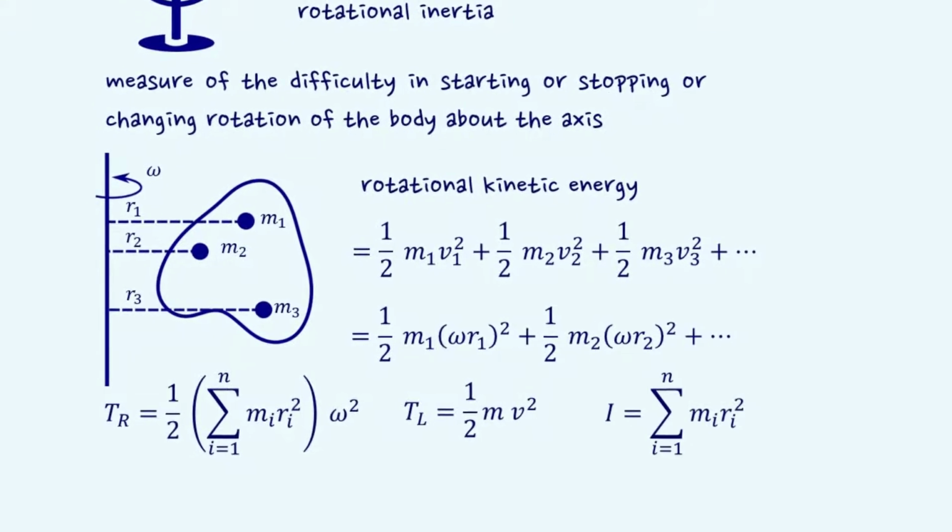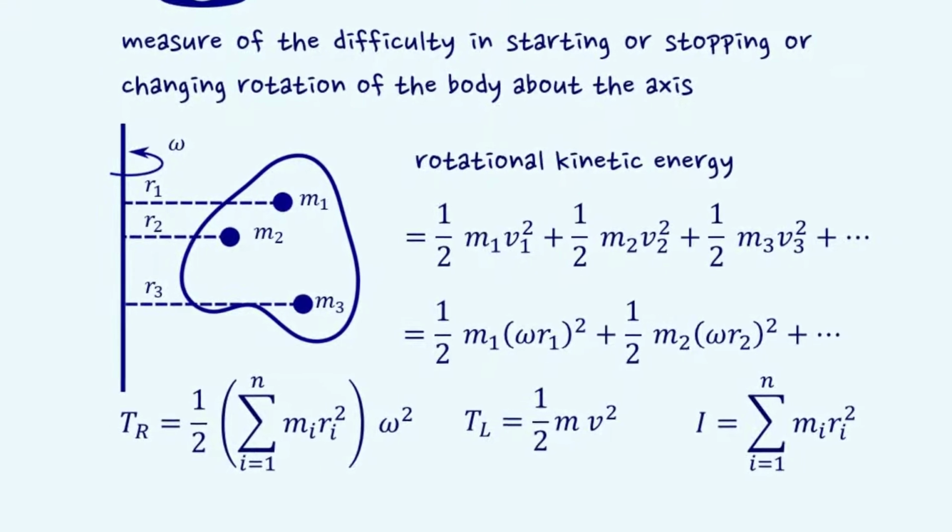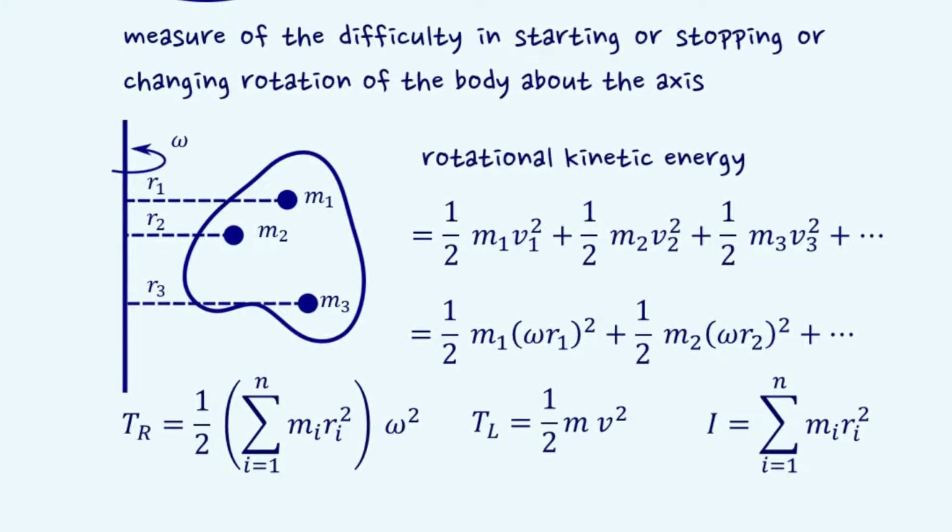Let us also assume the body is made up of a large number of small particles of masses m1, m2, m3 situated at perpendicular distances r1, r2, r3 from the axis. As the body rotates, each particle of this body follows a circular path around the axis.